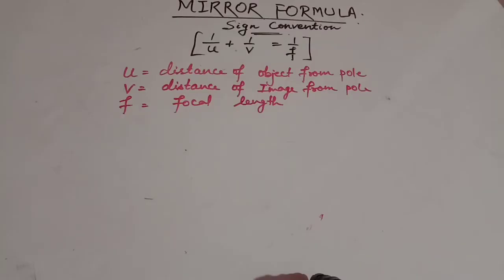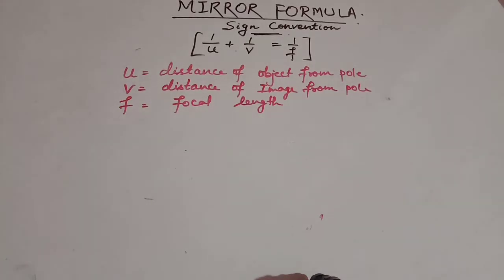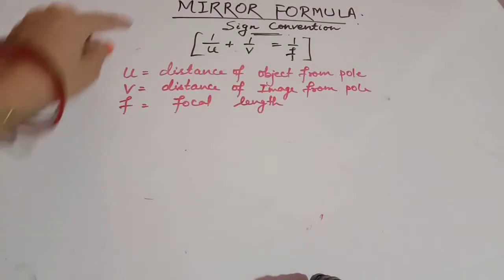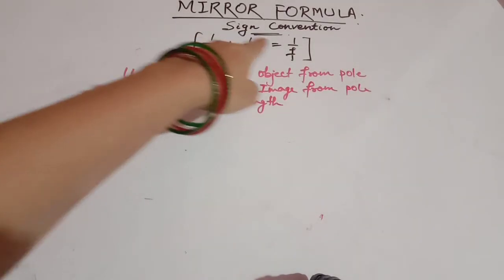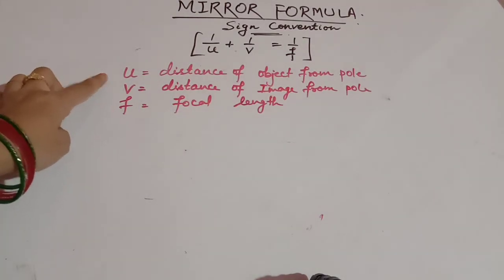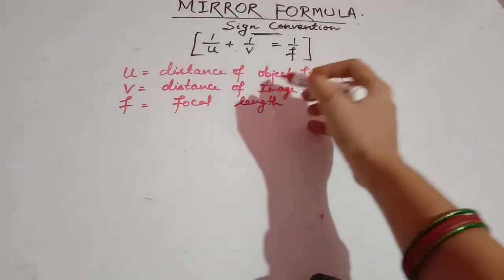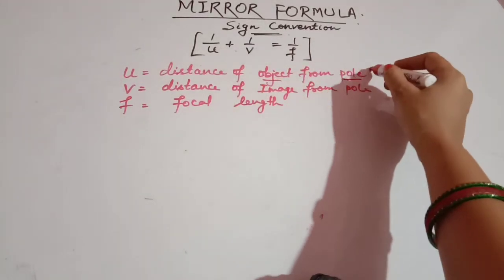And the mirror formula with the sign convention, so there is no confusion about the signs. When we have to take u negative, u positive, v negative, v positive and f, for both mirrors, convex and concave. You know the mirror formula is 1/u + 1/v = 1/f. What are the terms u, v and f, children? u is the distance of your object from the pole. P is the position of the pole.